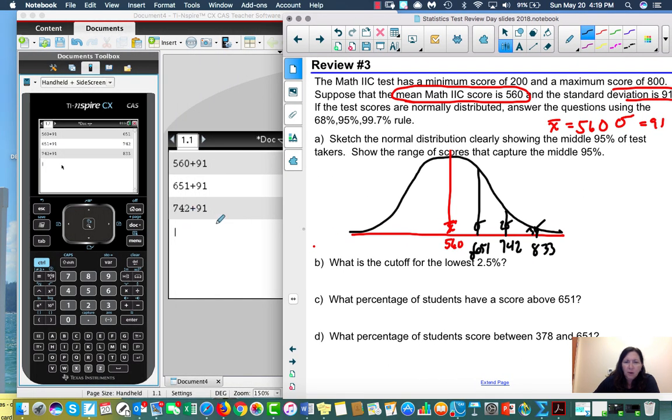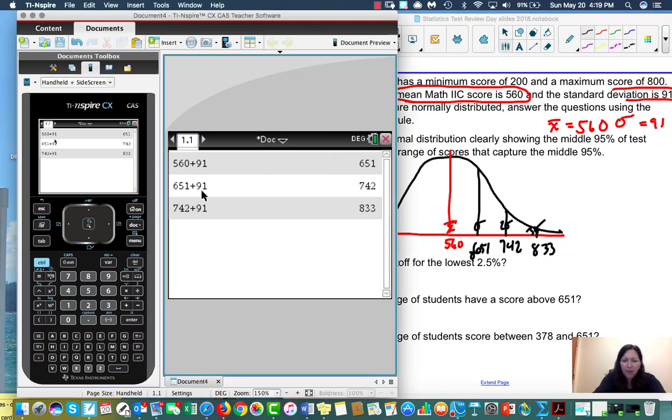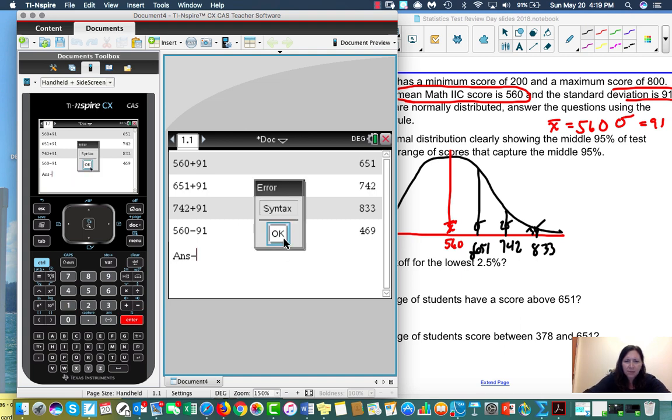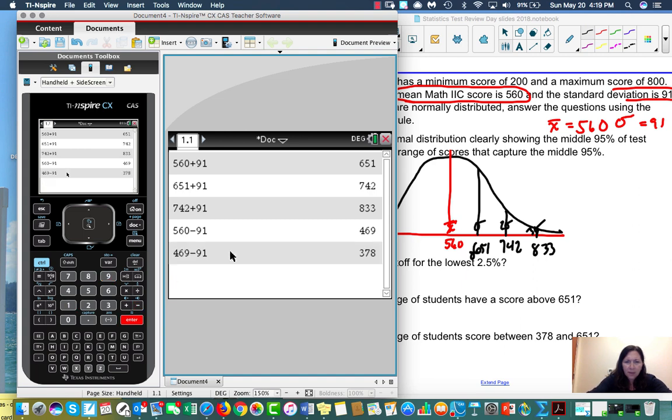Then I'm going to go backwards, and I'm going to start with 560, and I'm going to subtract 91, another 91, 469 minus 91, and then 378 minus 91.